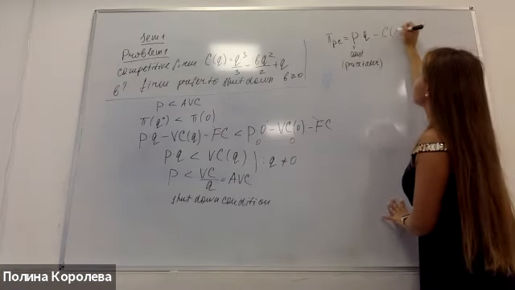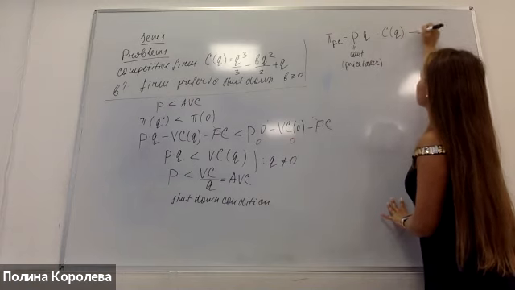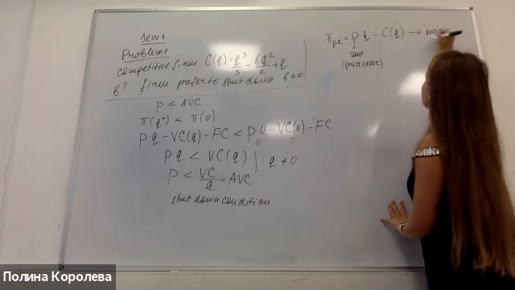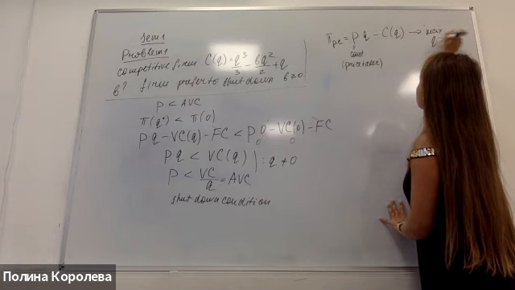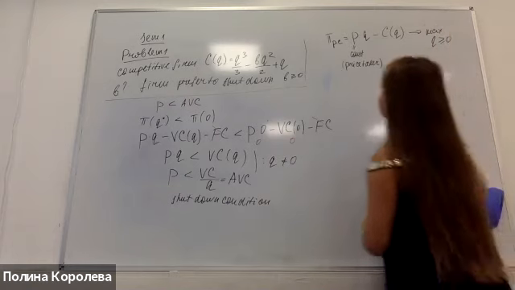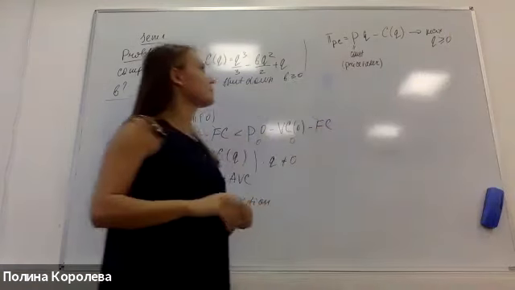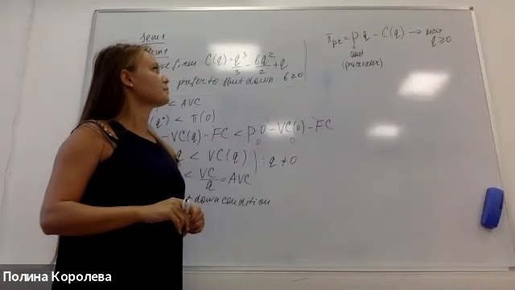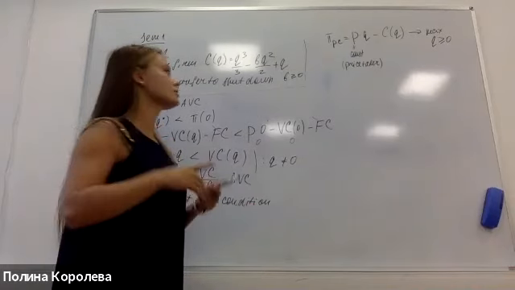Minus total cost. This I should maximize by quantity greater or equal to 0. This is a profit maximization task.